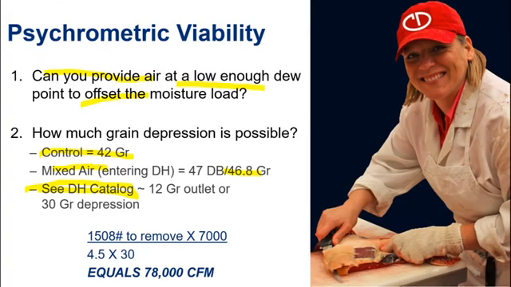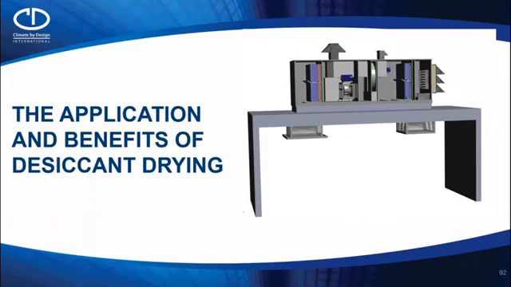And if we make a selection, we can find out that we can get down to about a 12 grain outlet fairly easily, so that gives us a 30 grain depression. So our solution, here's our load at the top, divided by 4.5 divided by our 30 grain change, tells us we would need 78,000 CFM to be able to dry up that room in 1 hour.